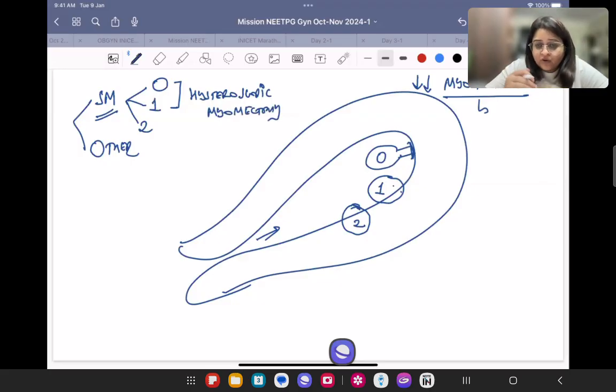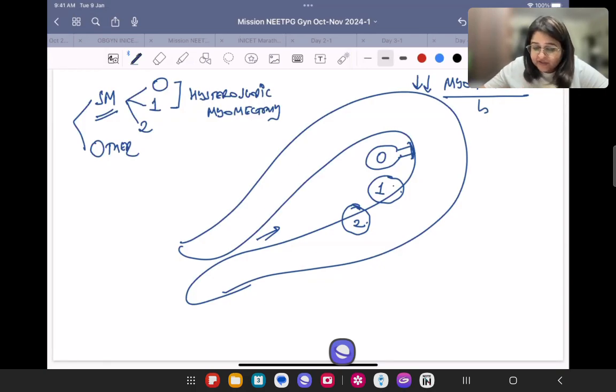For all other fibroids, if you want to do a myomectomy, it has to be by the abdominal approach, that is either laparoscopy or laparotomy. You have to go through the abdomen, not from below. Even a type 2, because it's very deeply embedded, you can't take it out hysteroscopically, you will get stuck. So only type 0 and type 1 can be done by hysteroscopic myomectomy.